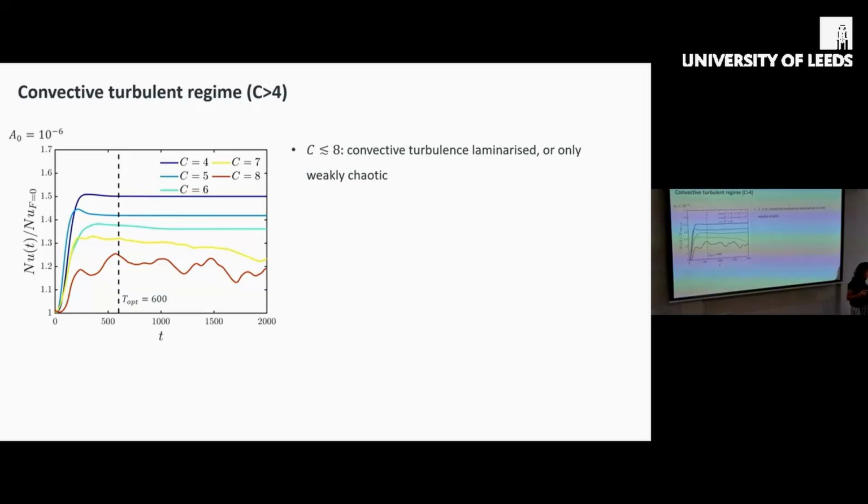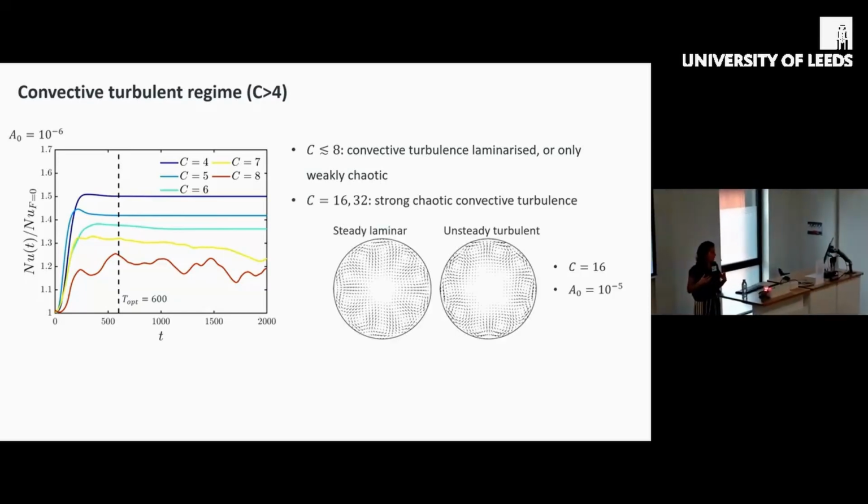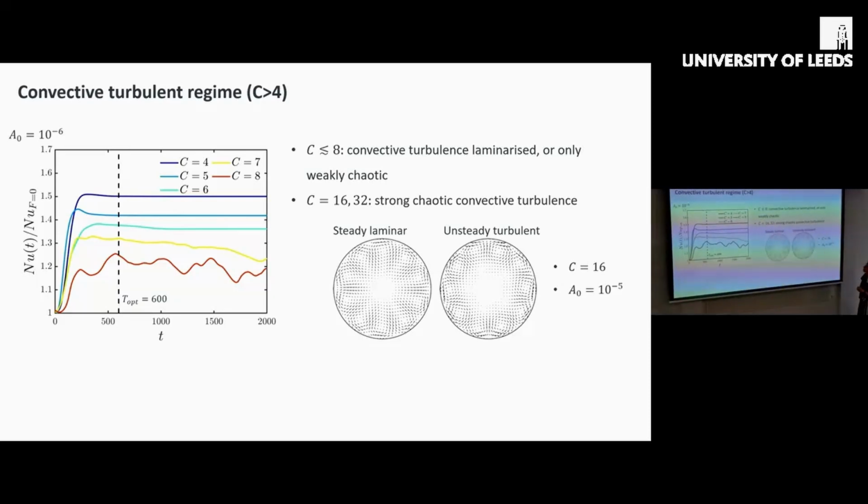And for larger C, when we start to drive this more chaotic convective turbulence, we see that the results are similar to the shear turbulence case. So the optimization done with the unsteady turbulent flow leads to higher Nusselt number enhancement, and this is due to these rolls being placed closer to the wall.